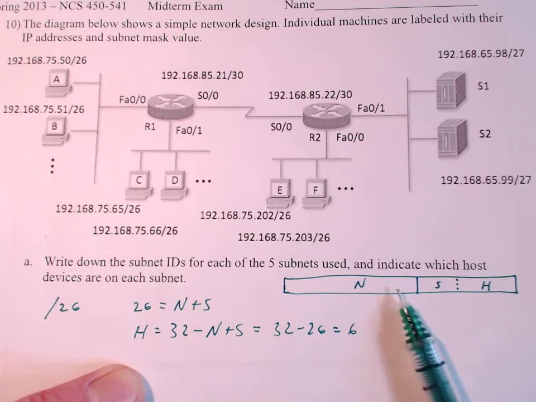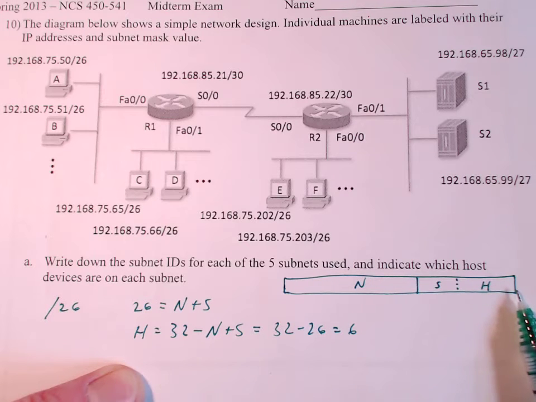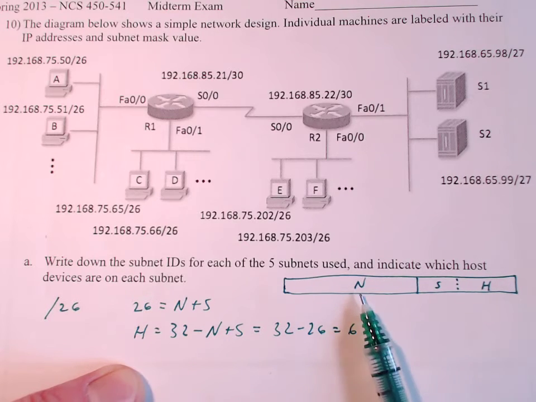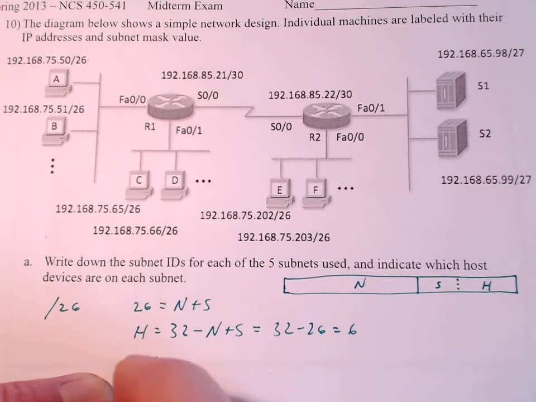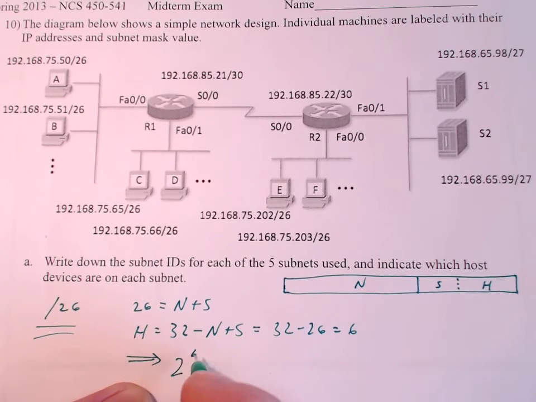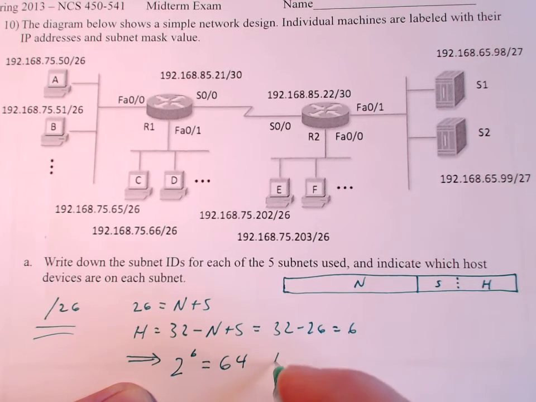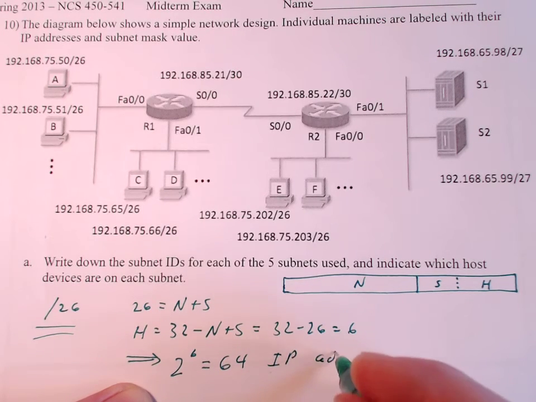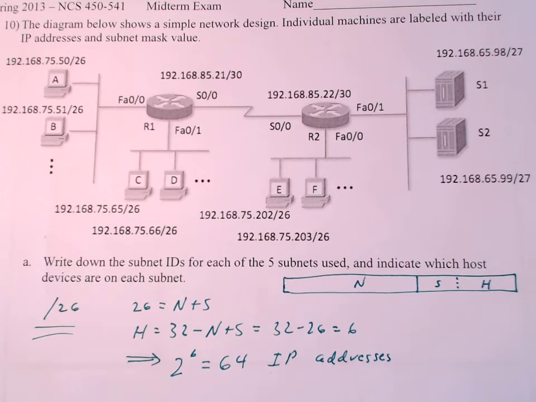The sum of these 3 numbers is 32, because each of them is giving the number of bits in these respective parts of the IP address. So I have 6 host bits, and therefore for a /26 network I have 2 to the 6th, or 64 IP addresses, per subnet.